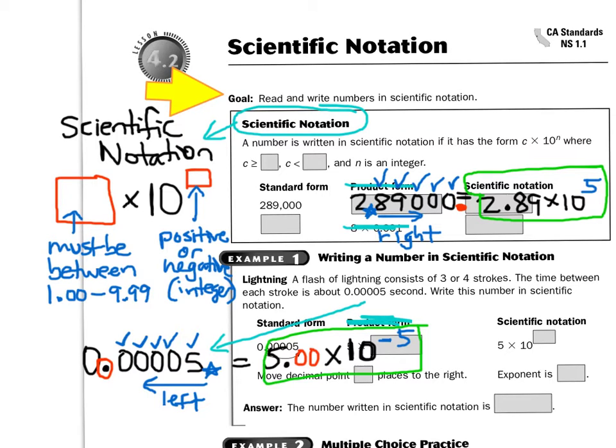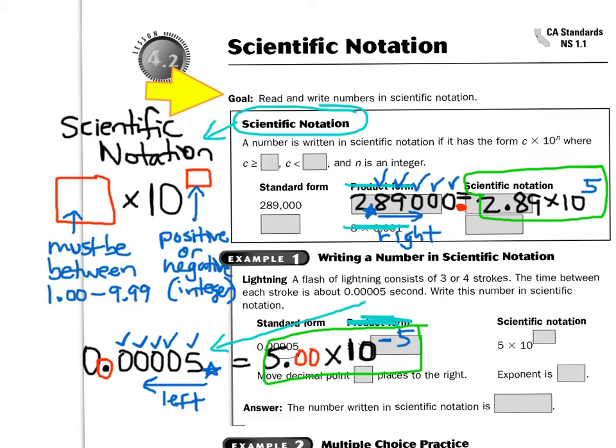And so I take that first number right here, 2.89, that's the number between $1 and $9.99, and then I put a times, and then I put the number 10, and then remember how I counted 1, 2, 3, 4, 5? I put a positive 5 because my arrow was shooting to the right, like the positive numbers on a number line.